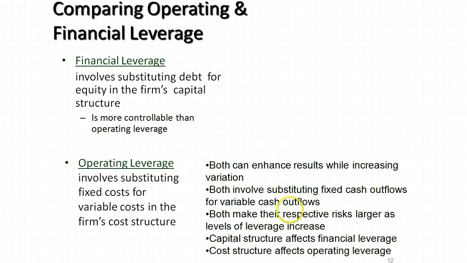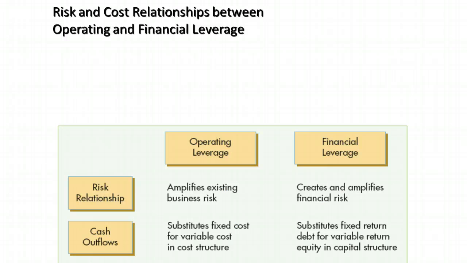And remember, capital structure affects financial leverage, cost structure affects operating leverage. The risk relationship: operating leverage amplifies or increases business risk, and it substitutes fixed costs for variable costs. Financial leverage creates, if we didn't have any debt, or amplifies financial risk if we had debt, and it substitutes debt for equity.